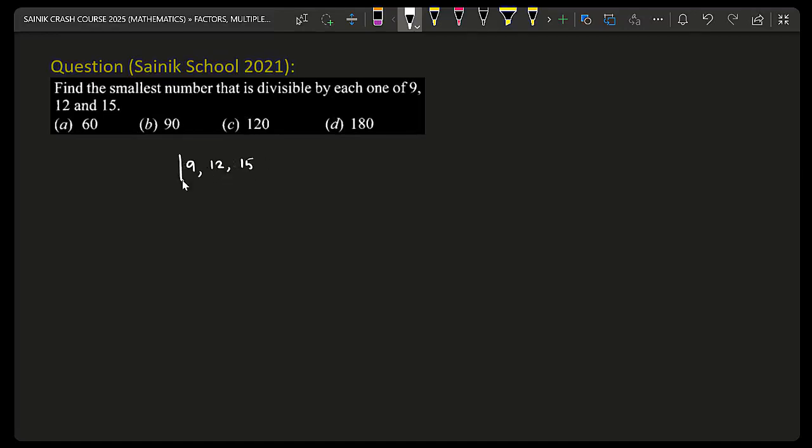With which number can we divide first? 3. 3 threes are 9, 3 fours are 12, and this is 5. Any common factors left? No, sir. So we can directly go for multiplication. So LCM is 3 into 3 into 4 into 5. What will be the answer? Sir, 180. That is answer D.